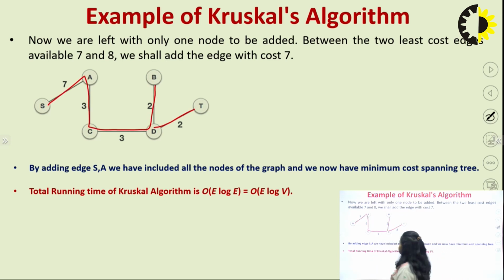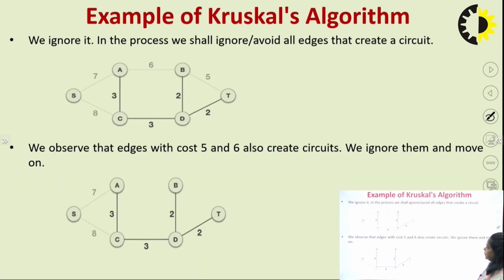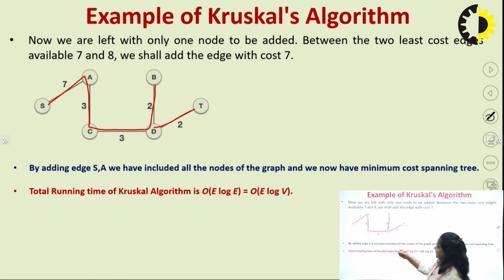Fine. And in the last example, the last edge has a weight of 8. If we include 8 here, S to C, in this case it will form a closed loop or a cycle. So we will not include it.